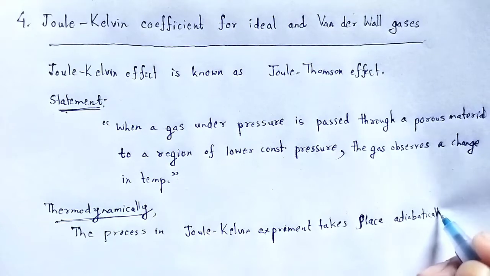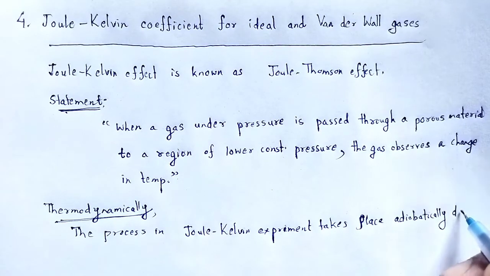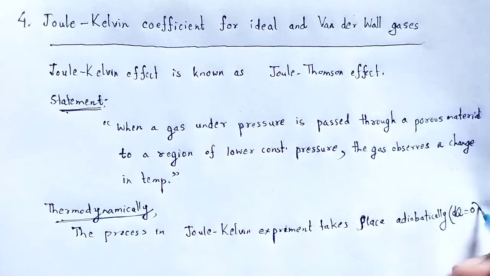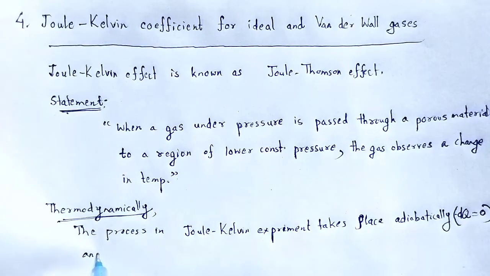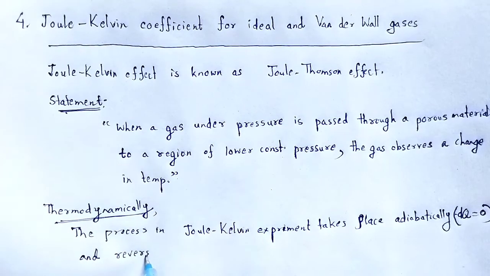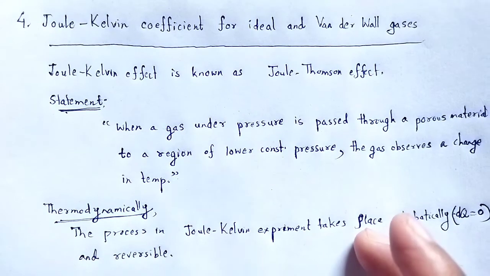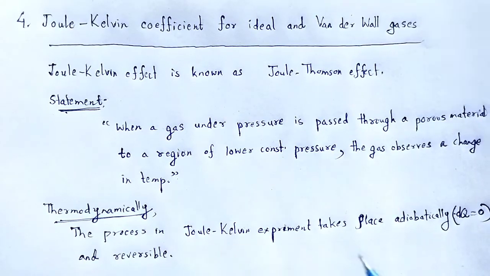Adiabatically in the sense that here heat is constant, so the change in heat will be 0, that is dq is equal to 0, and the process is reversible. That is the condition under which the Joule Kelvin experiment is performed.